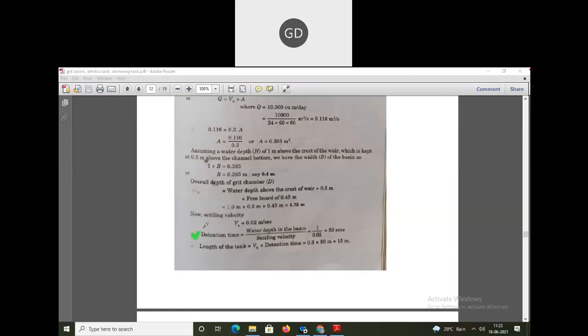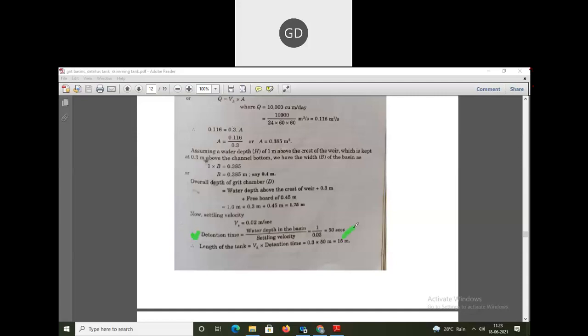This was already explained while doing raw water treatment, so you can refer to those videos. The detention time is your water depth in the basin divided by your settling velocity. Water depth we have assumed to be 1 meter, and settling velocity given in the question is 0.02 meter per second. If you divide, you will get the detention time as 50 seconds.